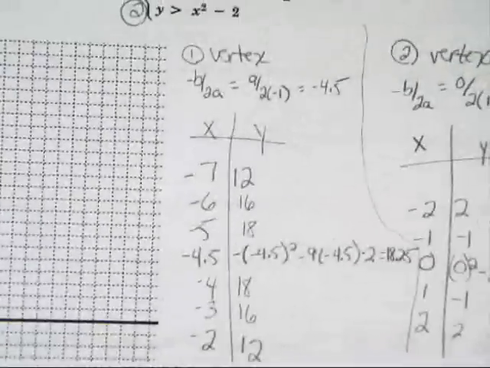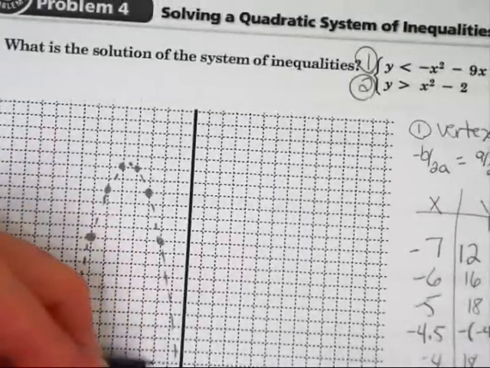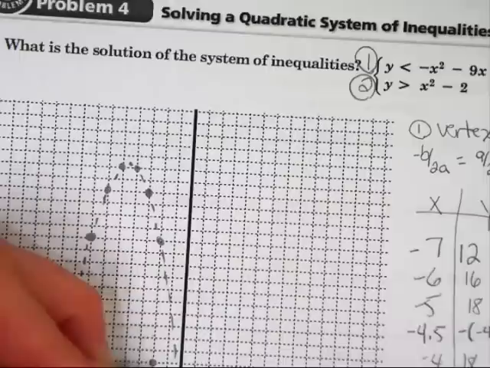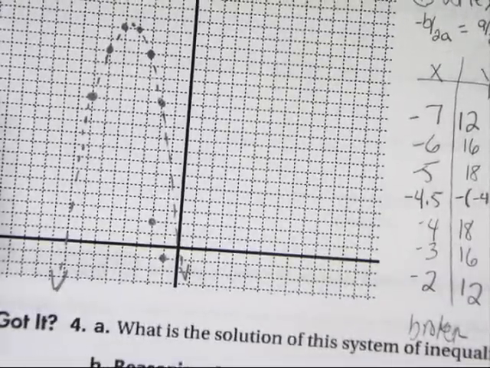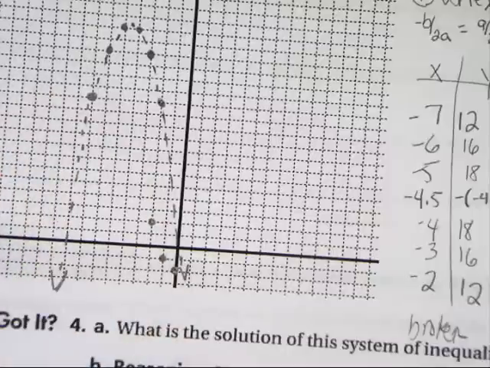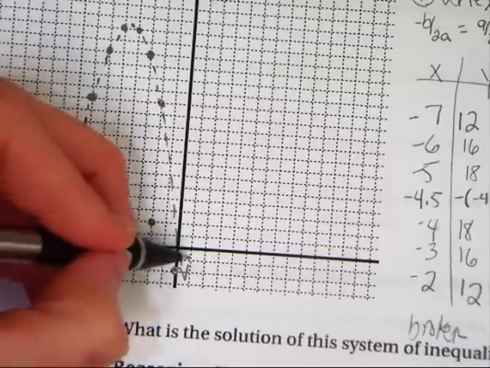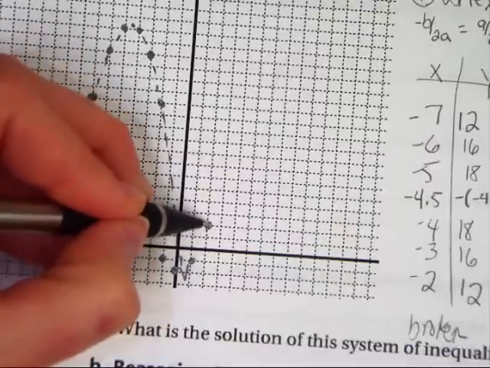Let's plot our other points from this chart. Negative 2, 2 is here. Negative 1, negative 1 is here. Alright. 0, negative 2 is here. 1, negative 1 is here. 2, 2 is here.